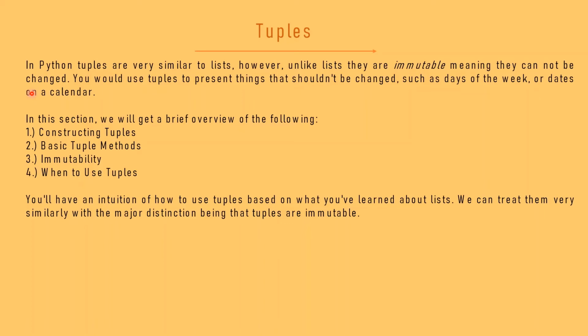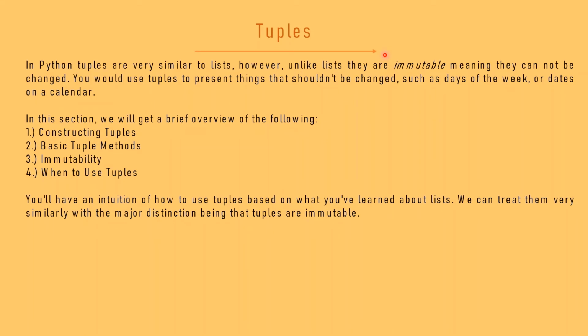Okay, let's get into the tuples. In here, tuples are very similar to lists. However, unlike lists, they are immutable. It means that lists are mutable, you can change the value of lists, but tuples are immutable.